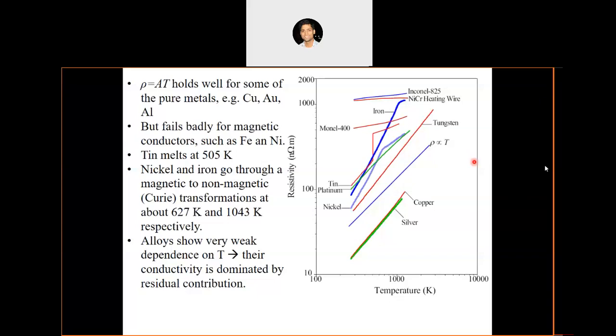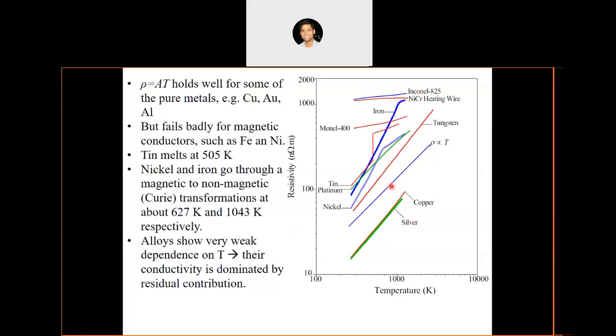How does Curie transformation affect resistivity with respect to temperature? See, as I said, in the magnetic materials, the atomic vibrations are of completely different nature in comparison to non-magnetic materials, because the basic electronic behavior is itself very different. Once the Curie transformation takes place, which means they go from magnetic to non-magnetic, then they start behaving normally, as we can see in this figure also.